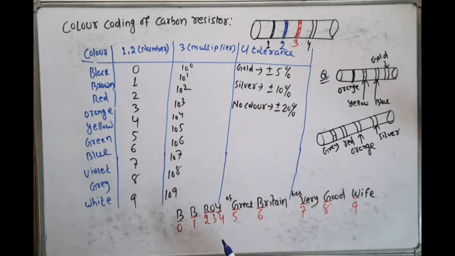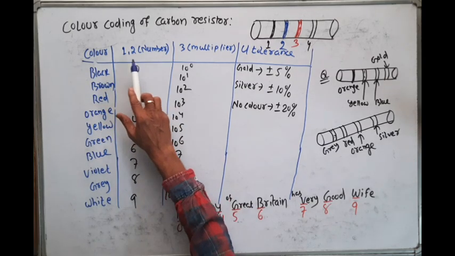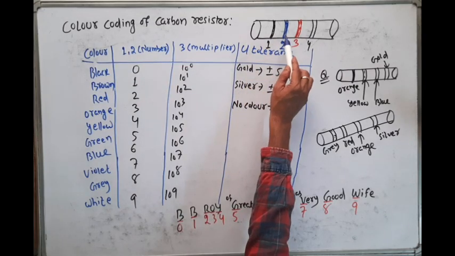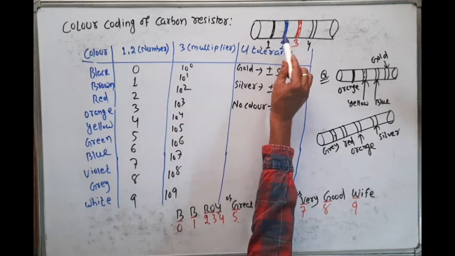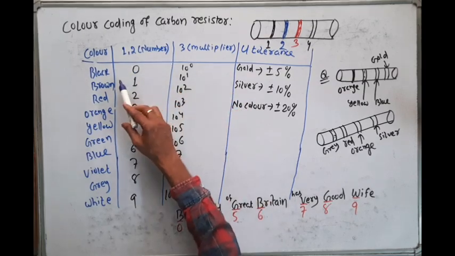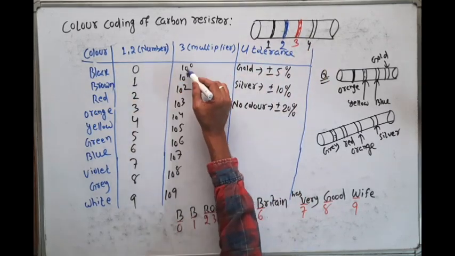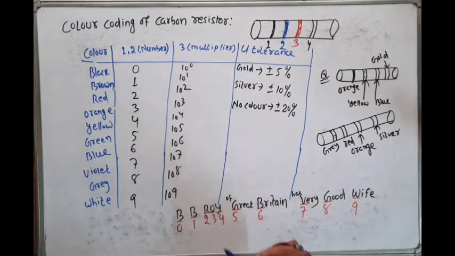For example, for black color, if the first and second color bands are black, then it is taken to be 0. And if the third band is black, then we take the multiplier factor of 10 to the power 0.